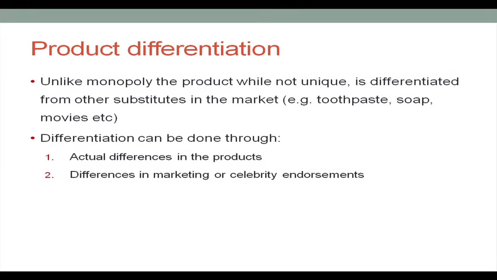Second is differences in marketing or celebrity endorsements. Apart from actually making the products different, one can imagine that the seller will try to create notions in the minds of consumers that the products are different. Say, for example, we took the example of milk and eggs when we discussed perfect competition.